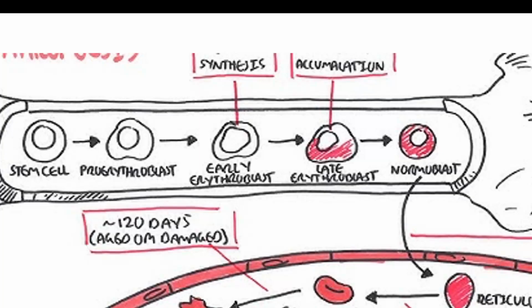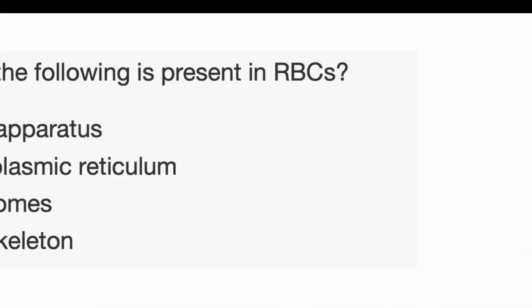Okay, cool. Moving on to the fourth question. Which of the following is present in RBCs? Again, questions lined up for RBCs. Option A, Golgi apparatus. Option B, endoplasmic reticulum. Option C, ribosomes.